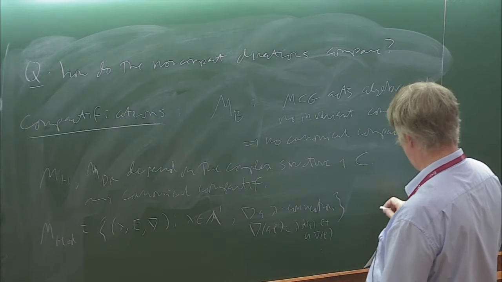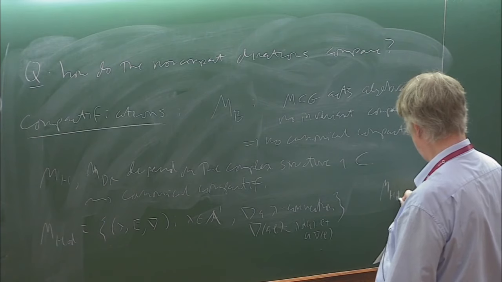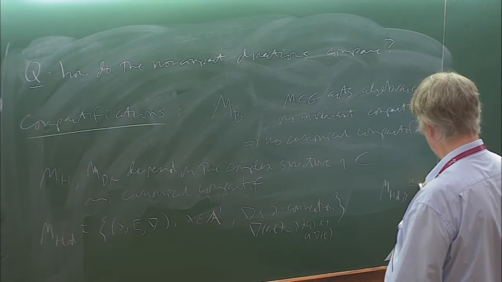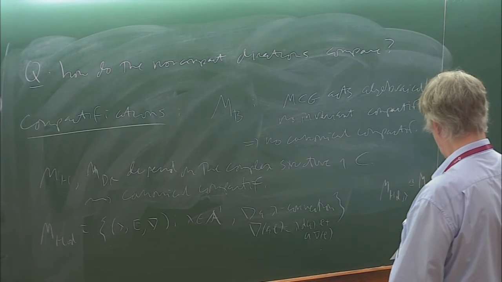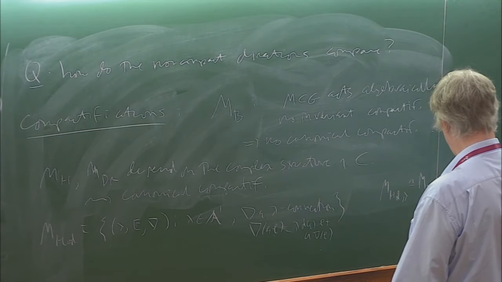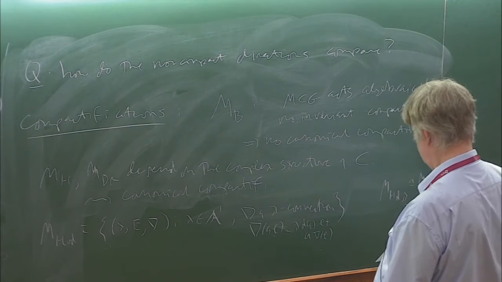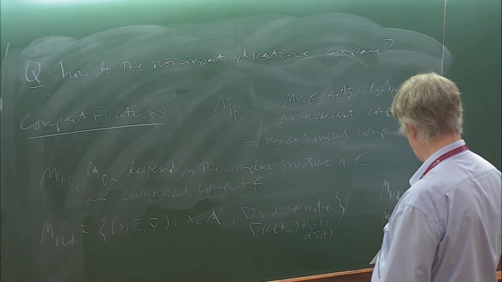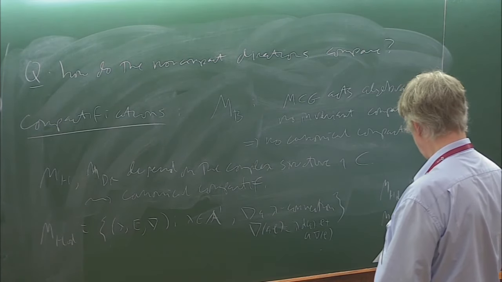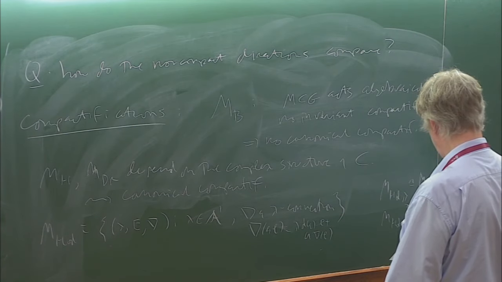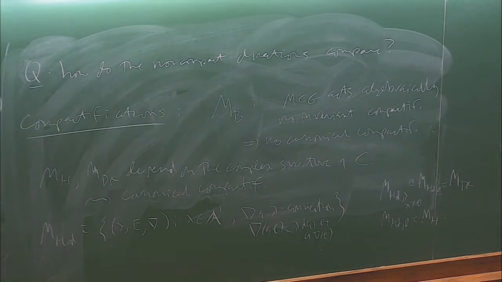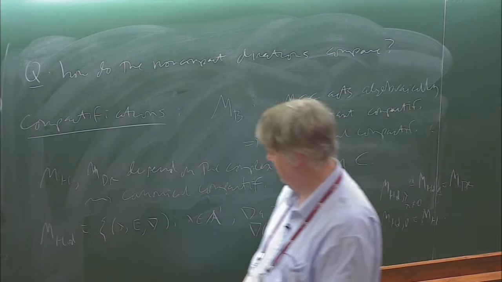But of course, the M Hodge of lambda is isomorphic to M Hodge of 1, which is equal to M de Rham, for any lambda different from 0. And M Hodge of 0 is MH. So this is exactly an example of what Dan was talking about.